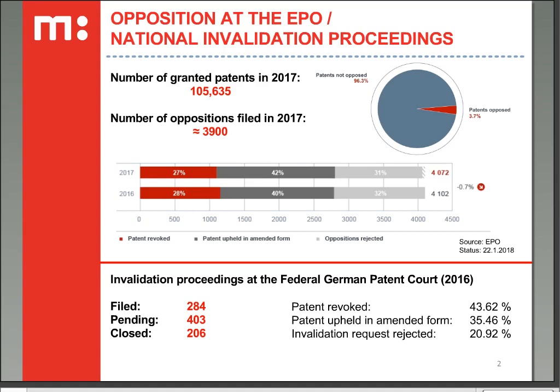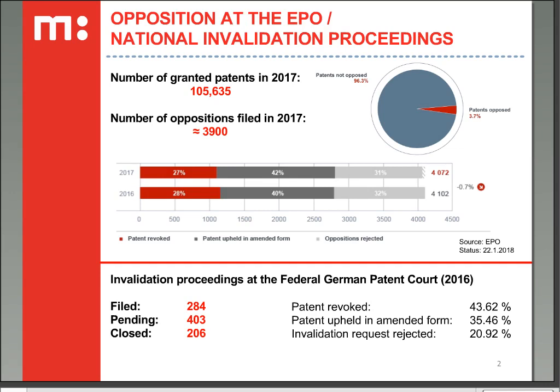And quite interestingly, from the patent oppositions, almost a third are successful, meaning that the patent has been revoked. Another 40% partly successful, meaning that the patent has been upheld in amended form. And for the rest, the oppositions had been rejected. And as you know, we will talk about that in detail later, there is no centralized nullity action against the European patent as granted at the moment.